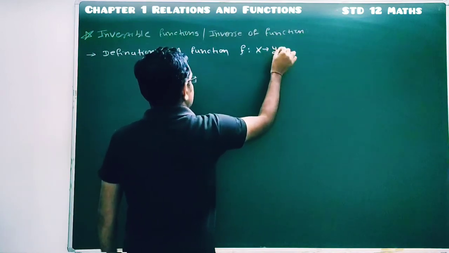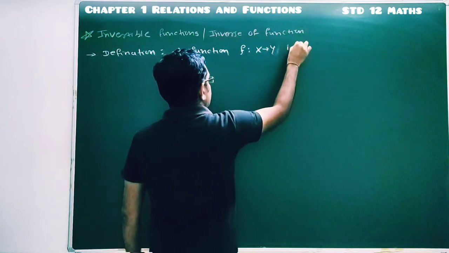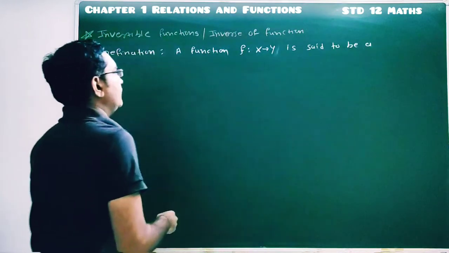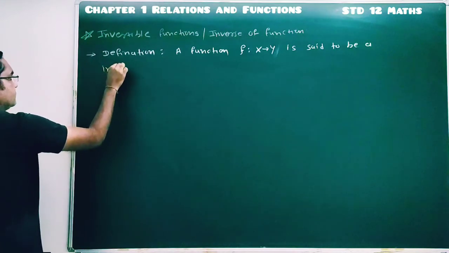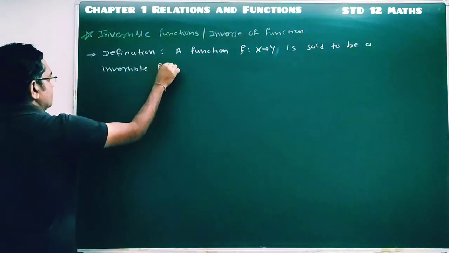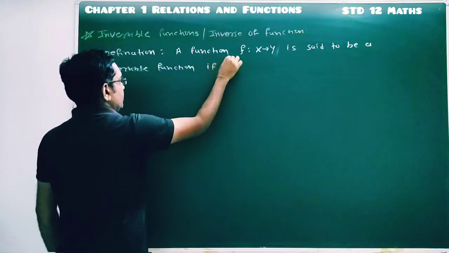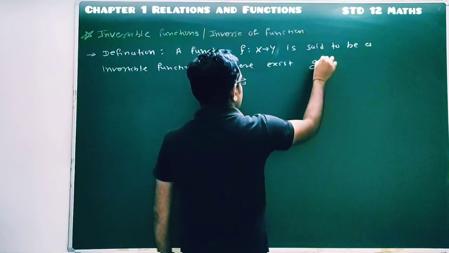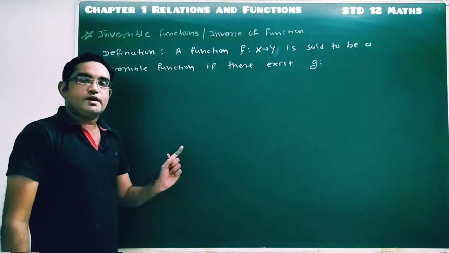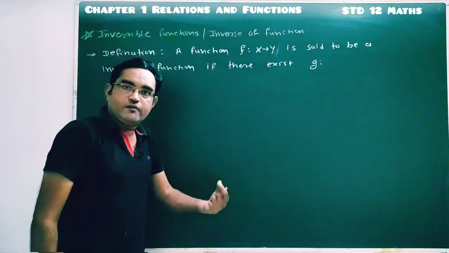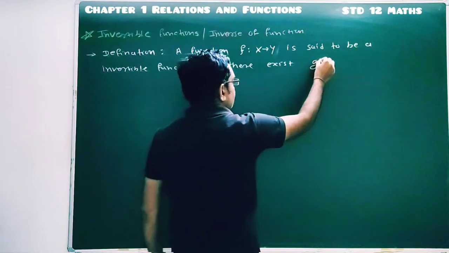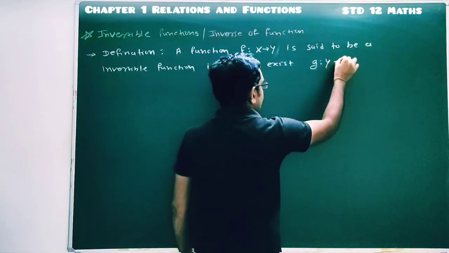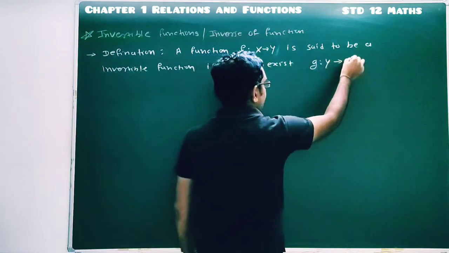x to y is said to be an invertible function if we get one another function, that is g, whose domain is the codomain of the given function f, and whose codomain is the domain x of function f.